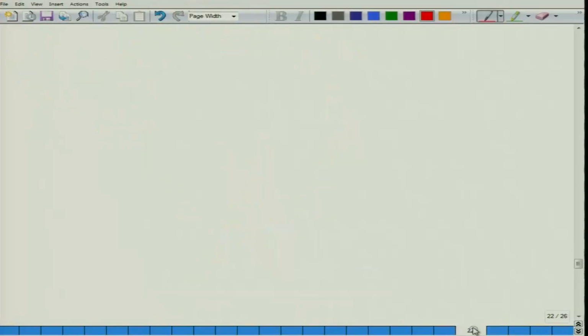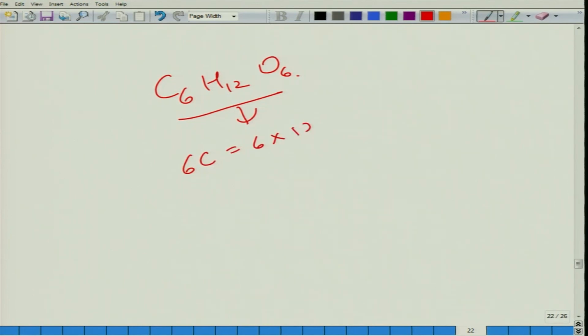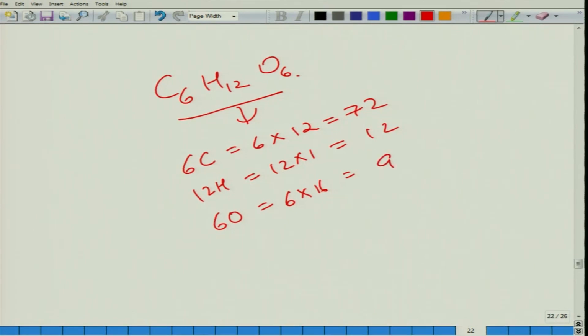For instance, if we consider the equation of glucose, we have 6 carbons. So, 6 carbon is 6 into 12, which is 72 units, 12 hydrogen, which is 12 into 1, which is 12 units, and then 6 oxygens, 6 into 16, which is 96.